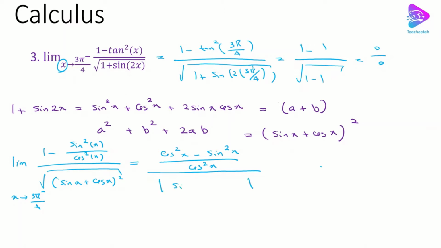So it's going to be sine x, sorry, I just forgot the limit. So it's going to be the limit, and x is approaching 3 pi over 4 from the left side.